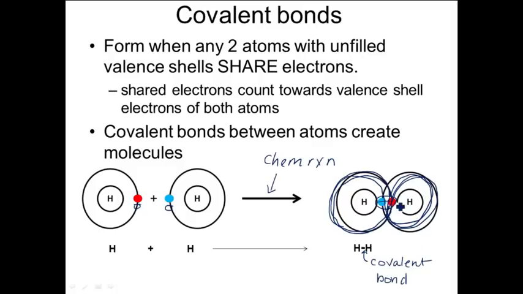These 2 electrons are what's being shared between them. This is what we call a single covalent bond. A single covalent bond forms when any 2 atoms share 1 electron each. But we also have double bonds.